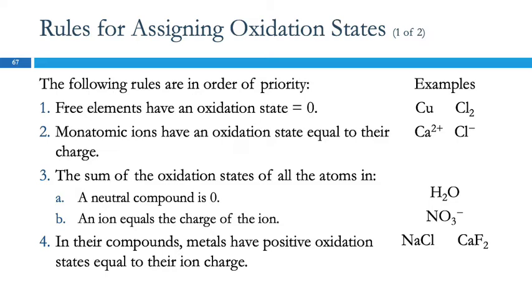In their compounds, metals have positive oxidation states equal to their ion charge. And I don't understand why they make this a separate rule, because metals are monatomic ions and they have an oxidation state equal to their charge, right? So here sodium's +1 and calcium's +2. So far it's very much like ion charges.